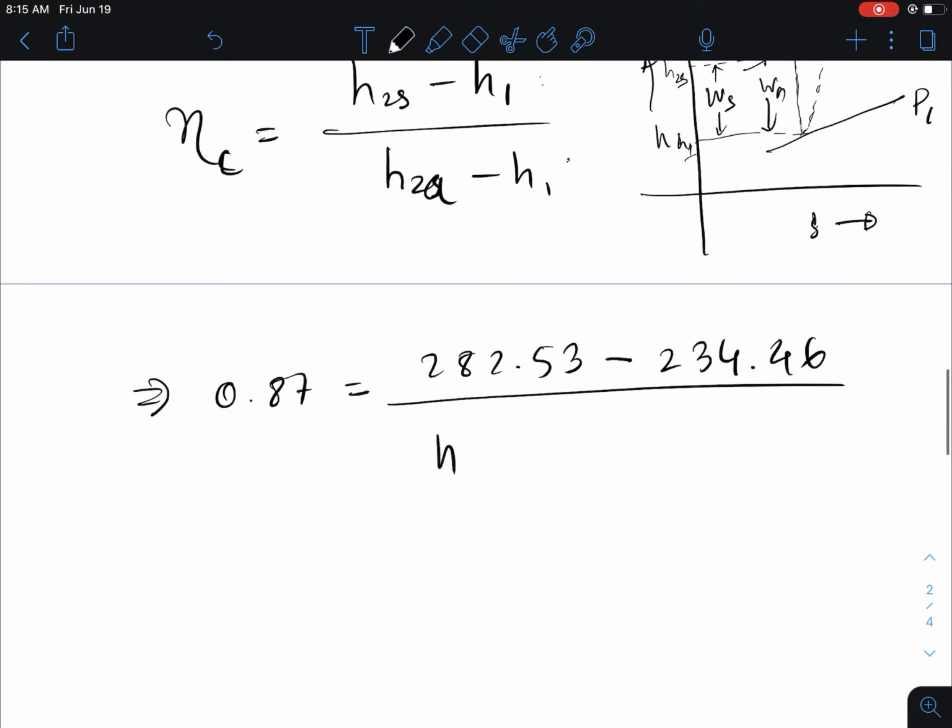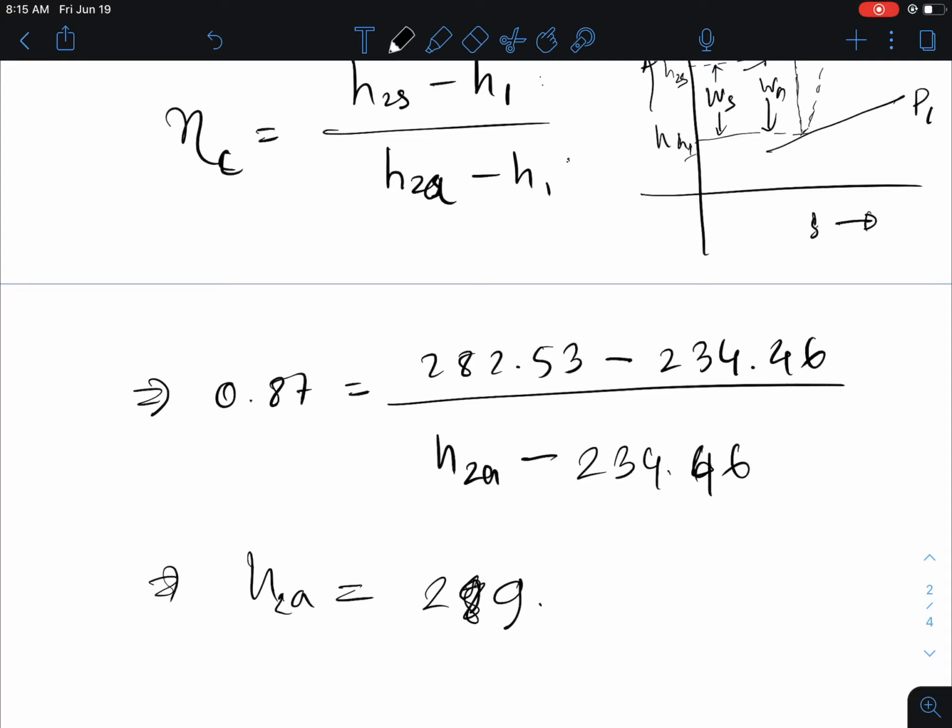We don't know H2A, and we know 234.46, right? So if we solve it, H2A will be 289.71 kilojoule per kg.